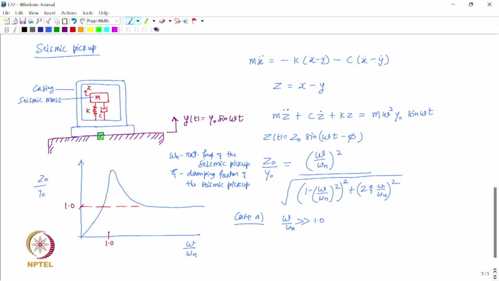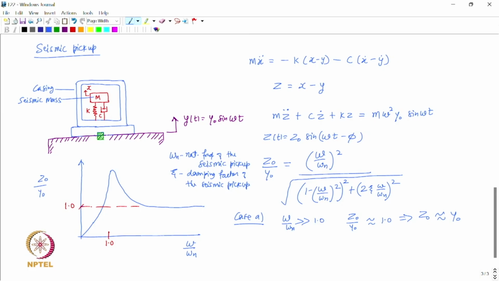So, in the range omega more than omega n, it can be easily seen that z naught upon y naught is approximately equal to 1, right, which means that z naught is approximately equal to y naught. So, this means that the relative displacement of the seismic mass is approximately equal to the amplitude of vibration of the surface, right, which we want to measure, correct.